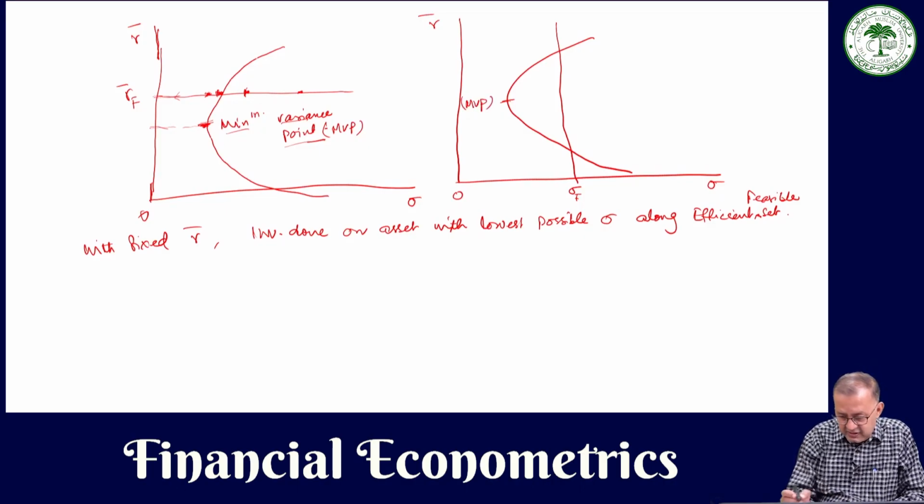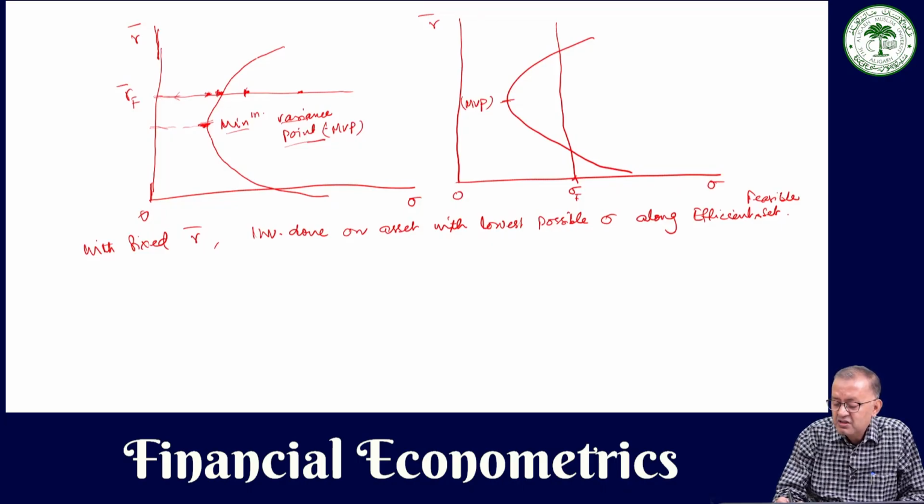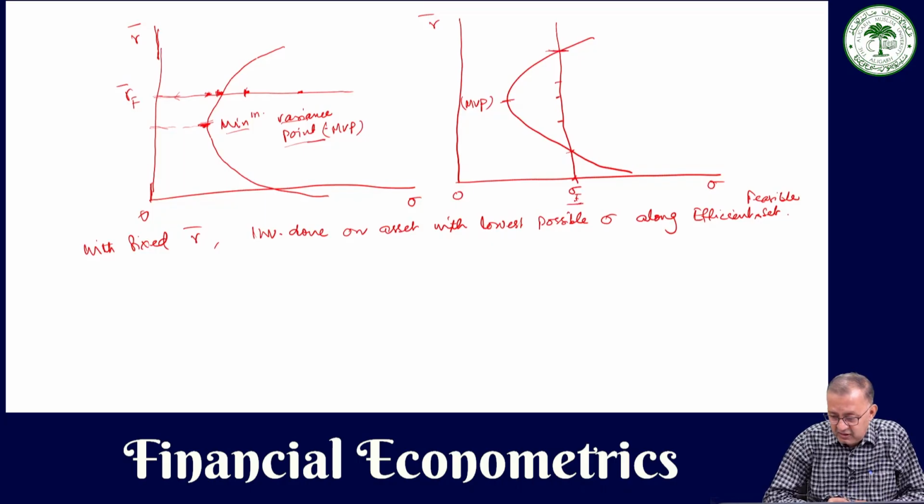So if this is your sigma f, in this situation the investor would like to invest at a point which yields the highest amount of return. Here the rate of return will be low, here the rate of return will be low, and the highest will be at this point, with this risk factor, with this sigma factor.